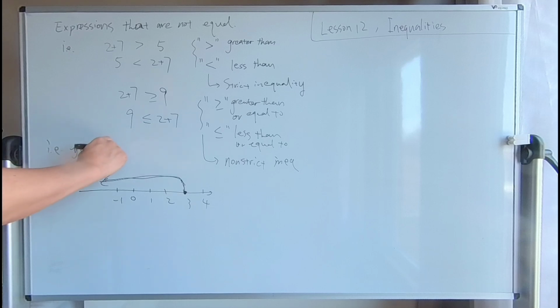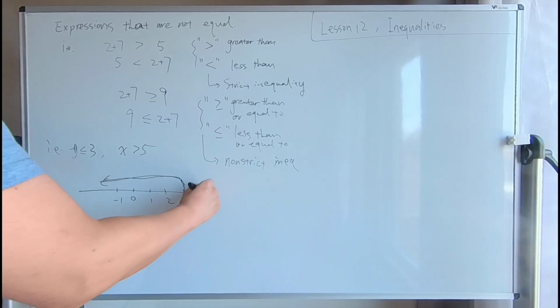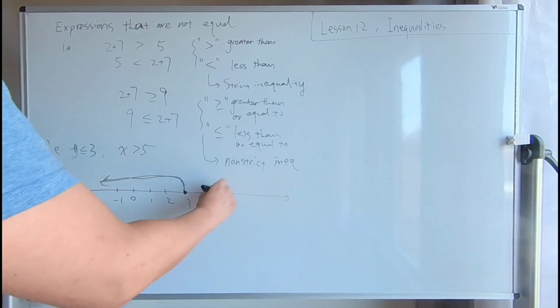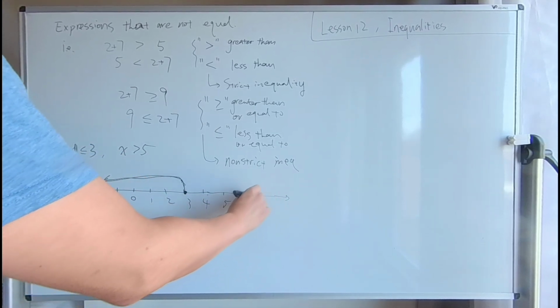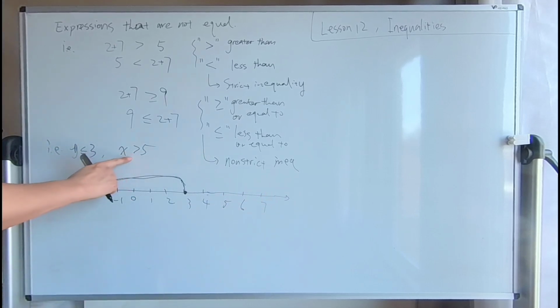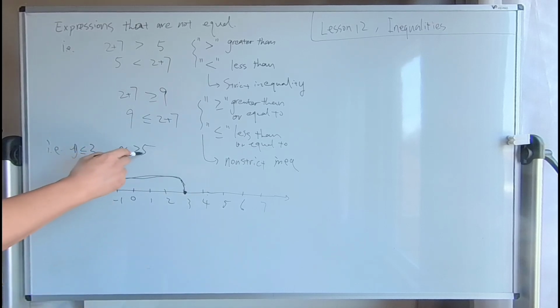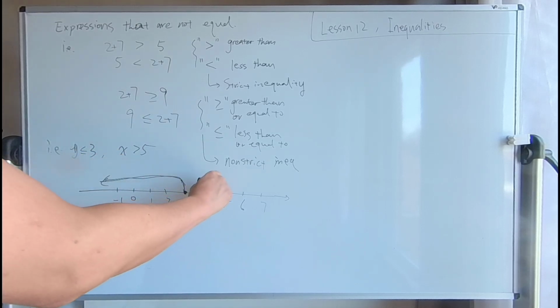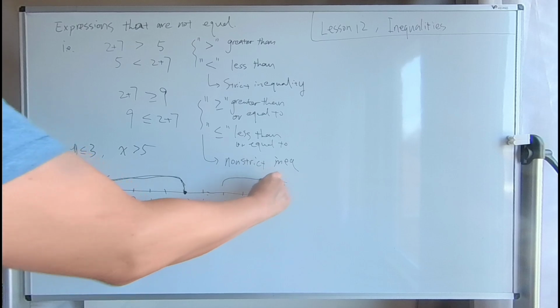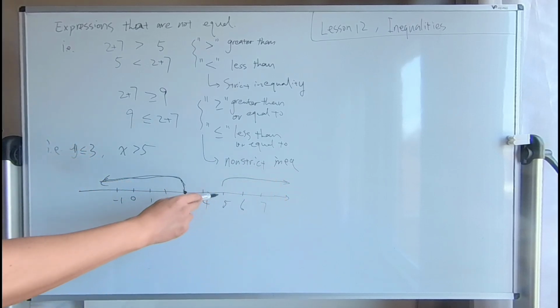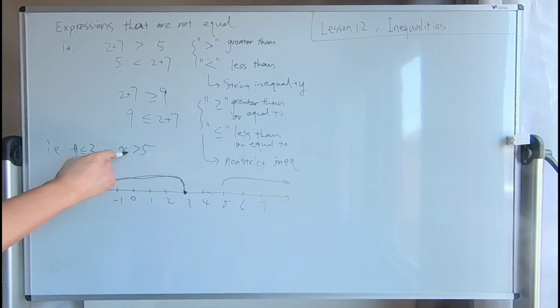Or if I have x greater than 5, let me extend my number line a little bit. This means the values of x that satisfy this inequality should be the numbers that are greater than 5, right? So all the numbers greater than 5 would satisfy this. Does this include the number 5 itself?